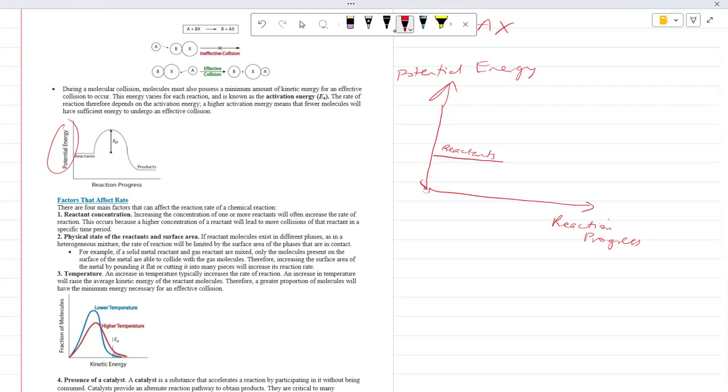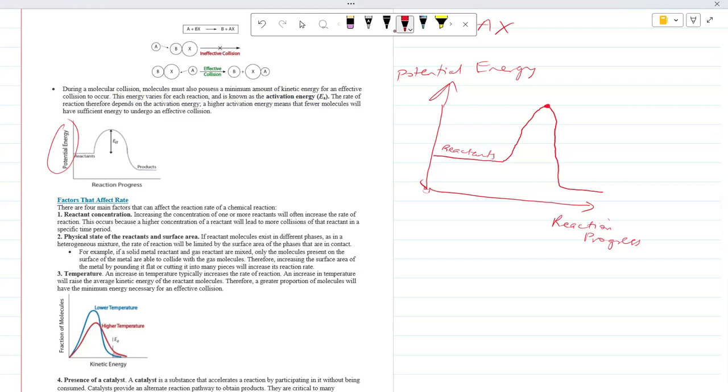The reactants will need a certain minimum amount of energy before they can proceed to the formation of the products. Okay, so let's say that this is the energy that they need. They need to have this minimum energy before the reaction can progress, right?